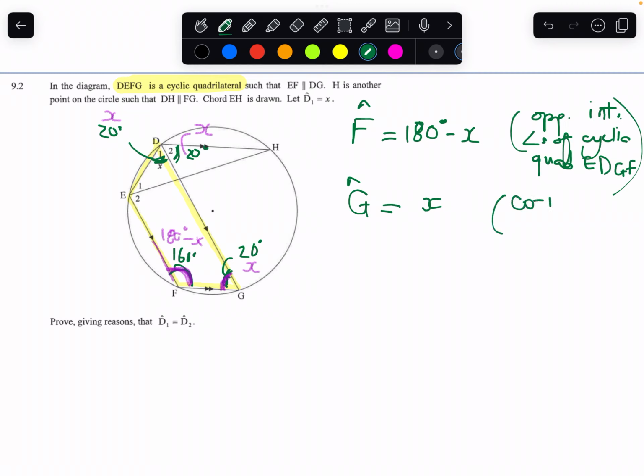Because co-interior angles on the parallel lines EF and DG.